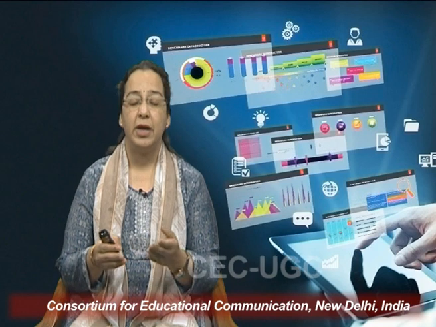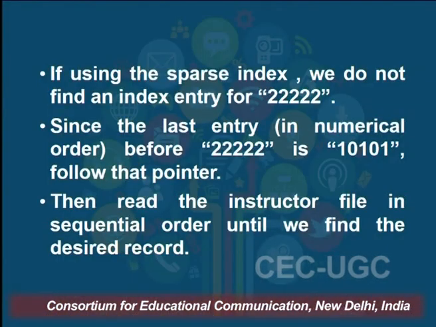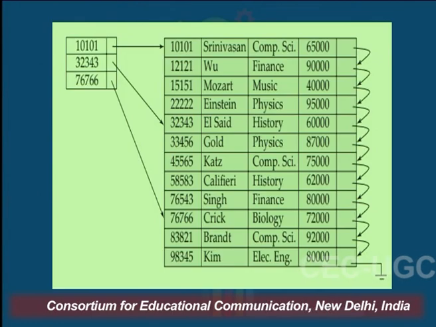Let us take one more example. We are talking about an entry 222. We don't have 222 in this sparse index, if you can see, and the last entry which is less than or equal to it is the first one, which is 10101. So we will take 10101, and then follow the pointers looking for our entry.